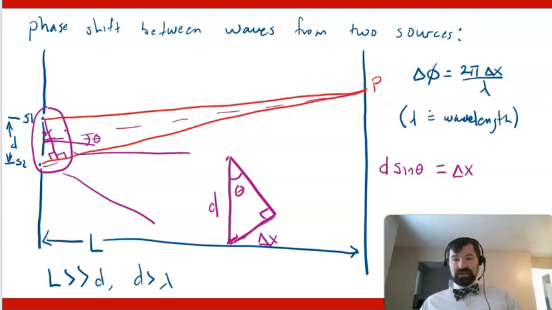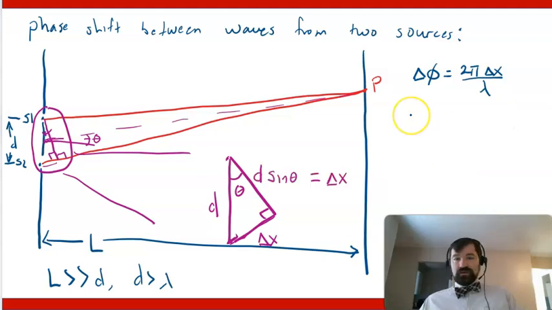So I can take my first equation and rearrange it so that instead of delta phi equals 2 pi delta x over lambda, I can say delta phi divided by 2 pi is equal to delta x over lambda.